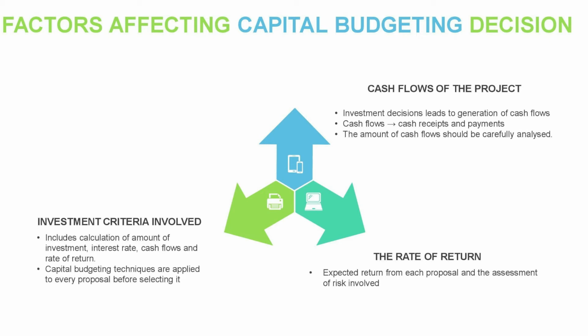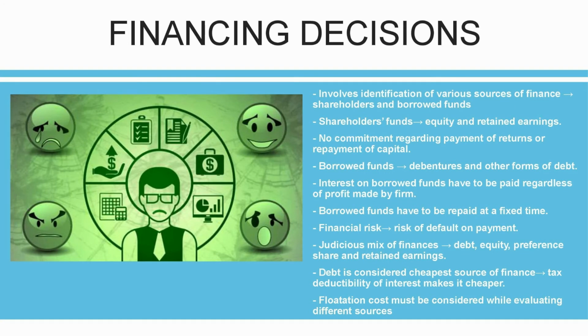And finally, investment criteria, that is calculation of the amount of investment with respect to each and every project, the interest rate that has to be paid, the cash flows and the rate of return. Now, in order to be able to make the best possible decision related to capital budgeting, there are many techniques that are used by business firms such that there is maximum return or maximum favorability with respect to a business organization.